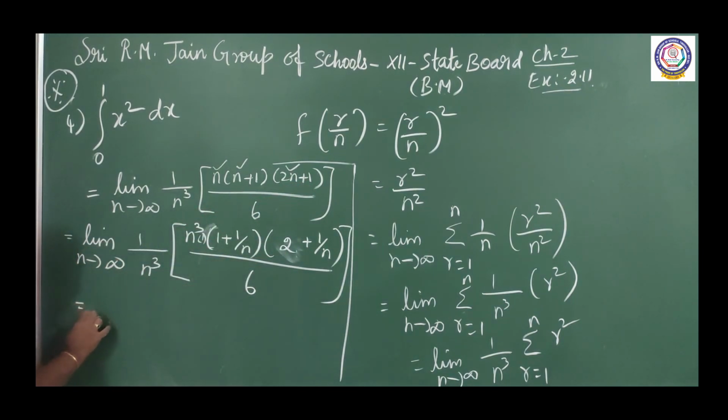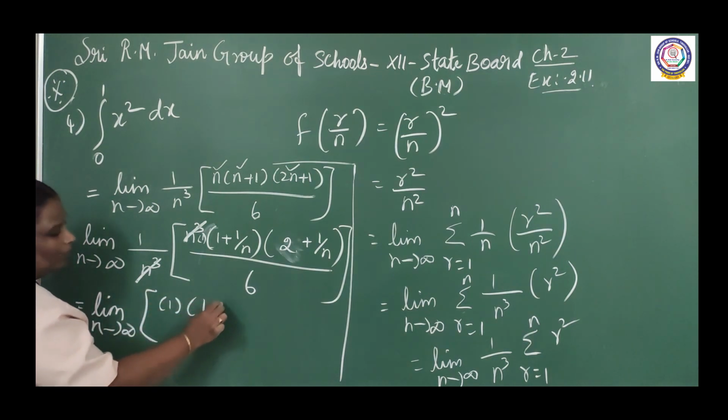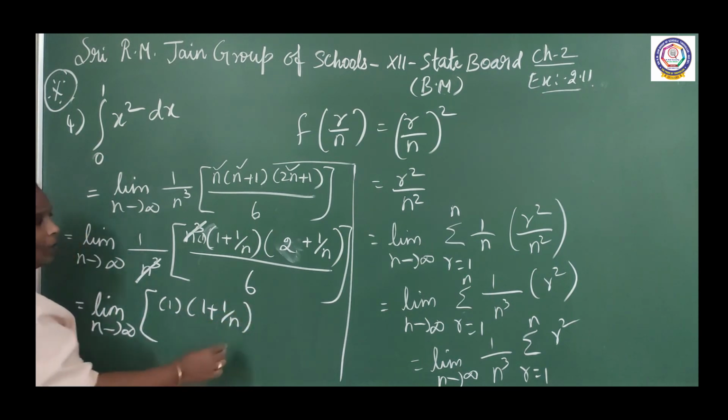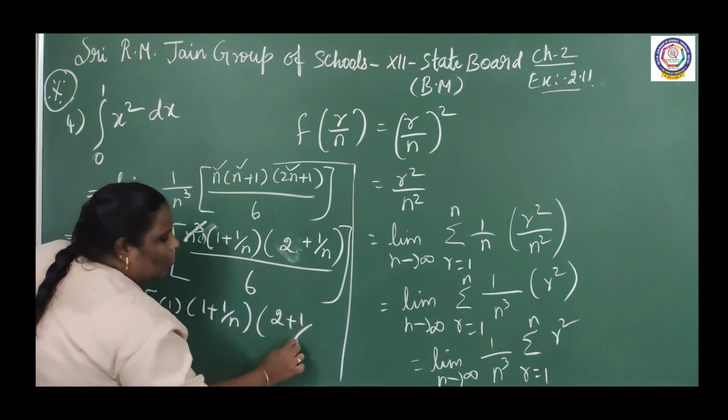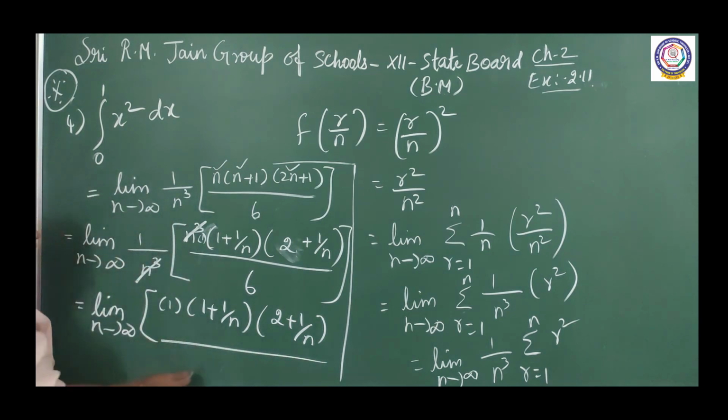So n cube gets cancelled. Limit n tends to infinity, 1 into 1 plus 1 by n into 2 plus 1 by n by 6.